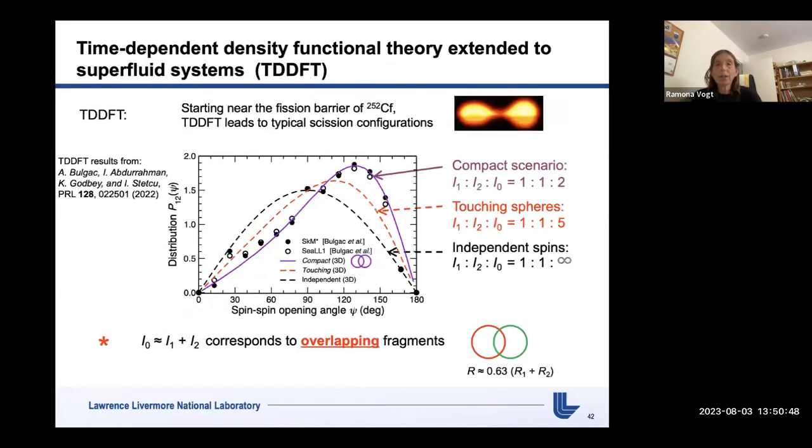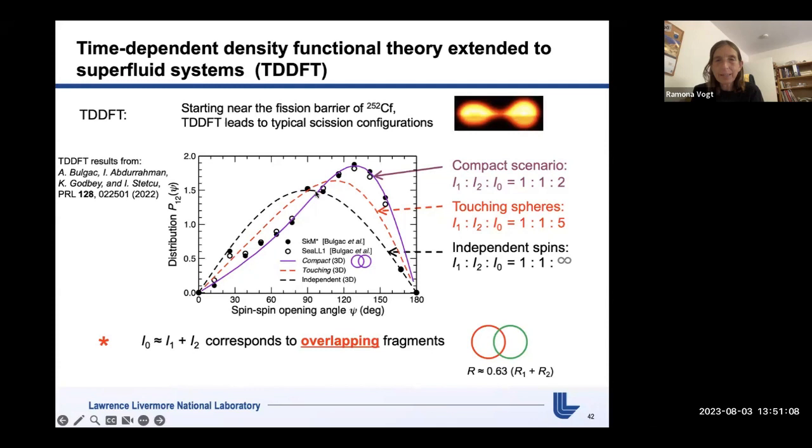Now the time-dependent Hartree-Fock has an even stronger correlation than totally random but touching spheres.